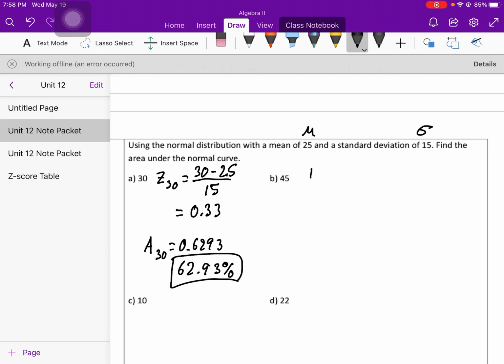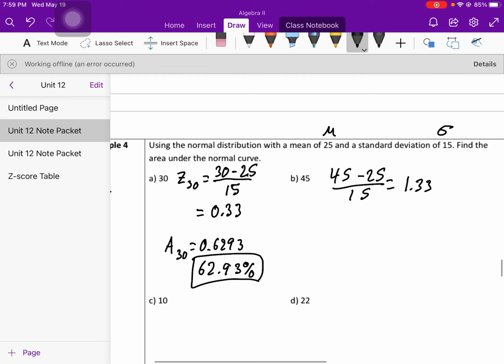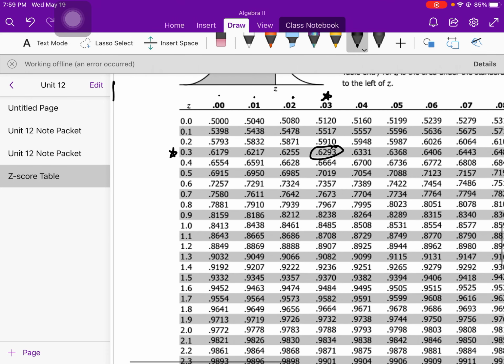Okay, now I'm going to do 45. So this one would be 45 minus 25 divided by 15, which comes out to 1.33, another positive number. And this is z of 45 because that's the observed value. So a of 45, if we go back to our table, we find 1.3.